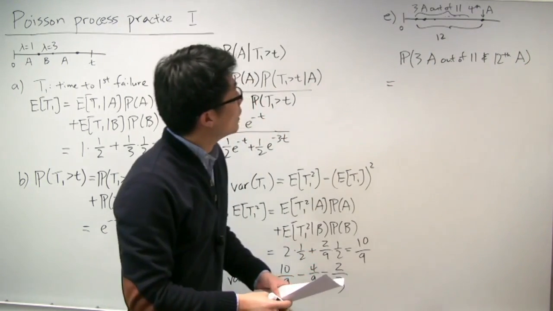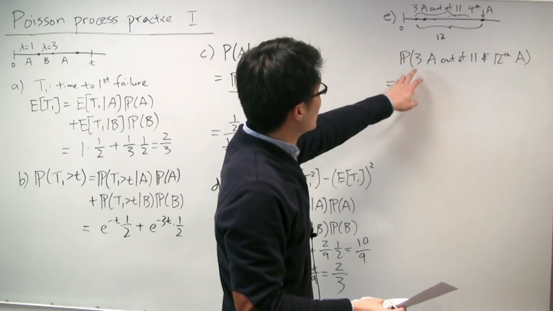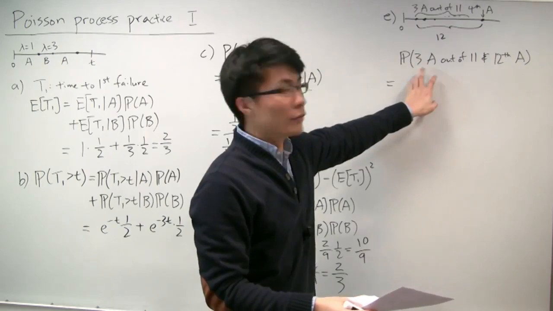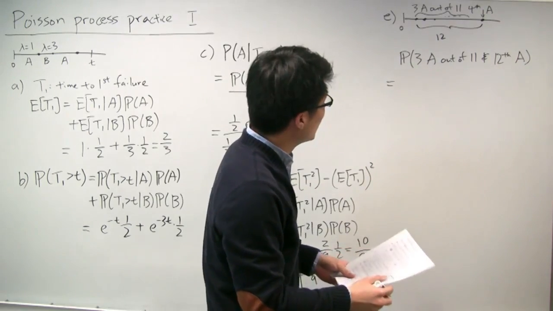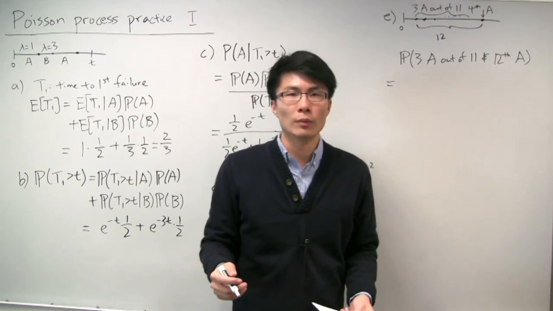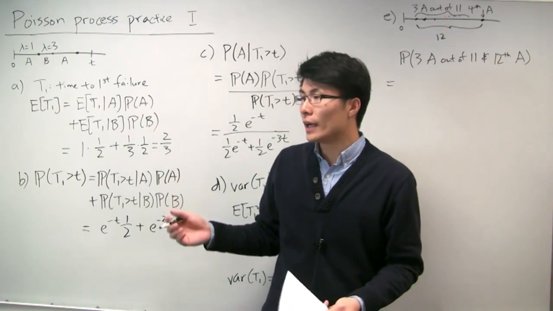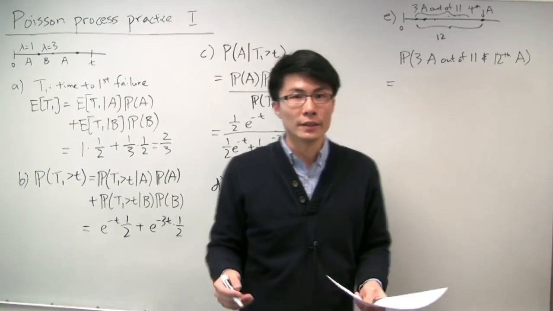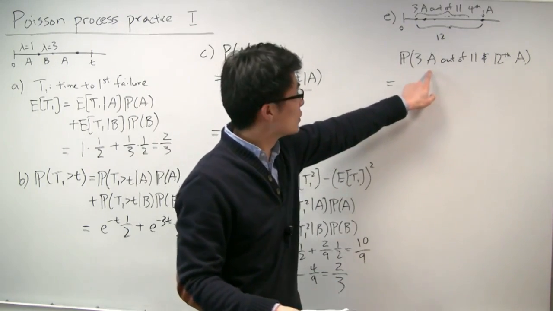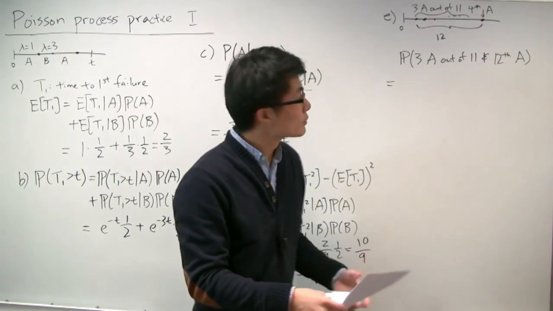Okay. Now, what is the probability that out of 11, 3 of them were of type A? Well, that is just a binomial, because every single time we choose a new bulb, it's either type A or type B, and we said at the beginning that each of these choices is independent. So if you think of choosing type A as a success, this is just the probability of 3 successes out of 11 trials.